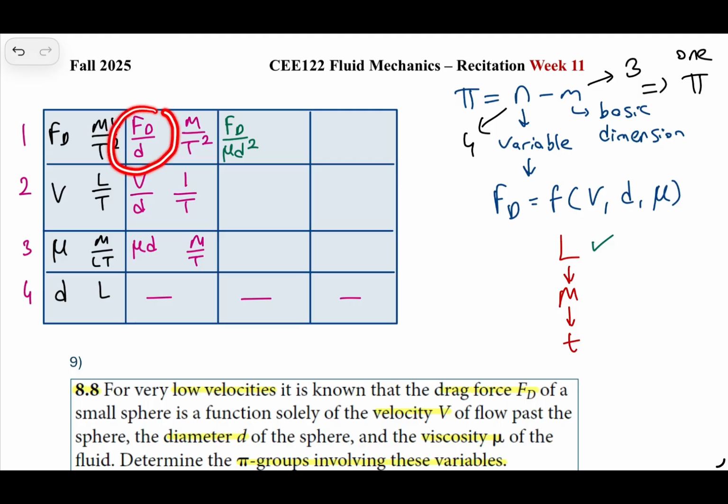So we already have ft over d, and we divided it by viscosity times diameter, so that it is going to give, let me make a quick calculation.